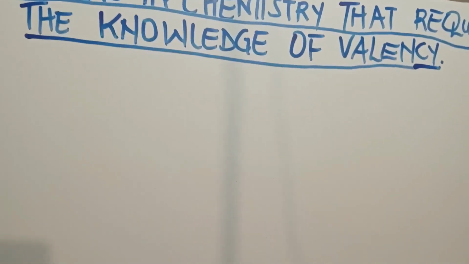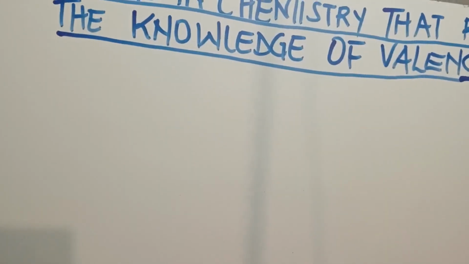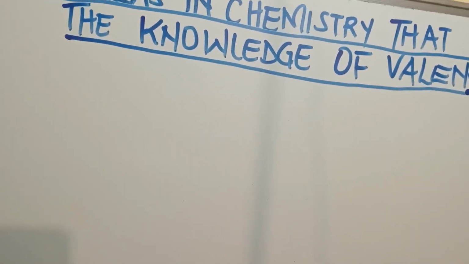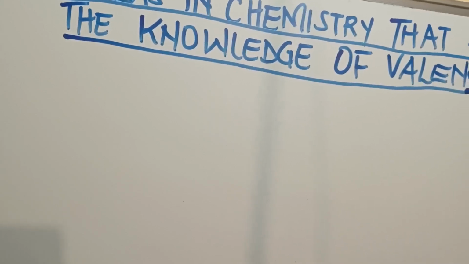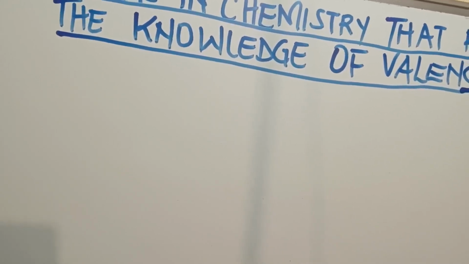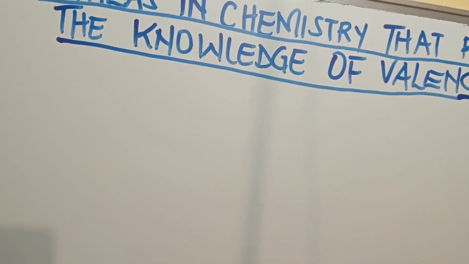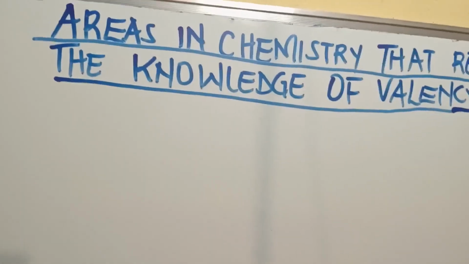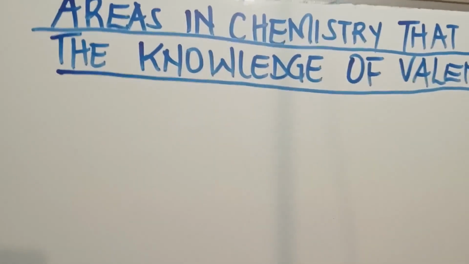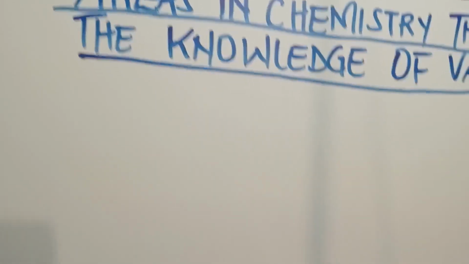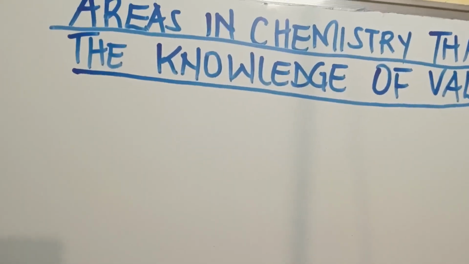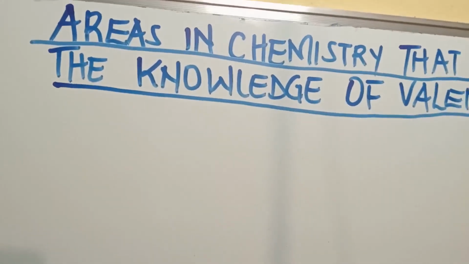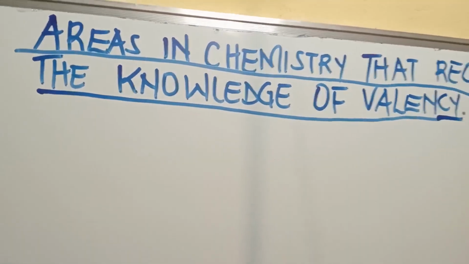In the writing of chemical formulas, the knowledge of valency determines how elements combine to form compounds. For example, when you are forming potassium chloride, you require the knowledge of valency. So make sure that you're writing good notes in each and every part of this video.